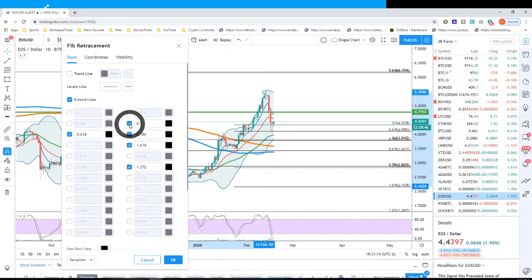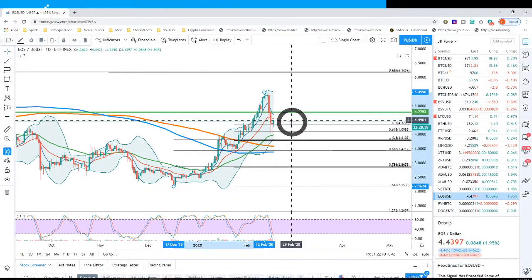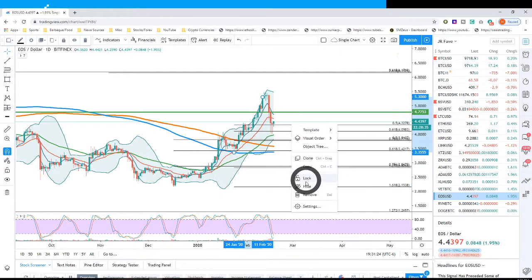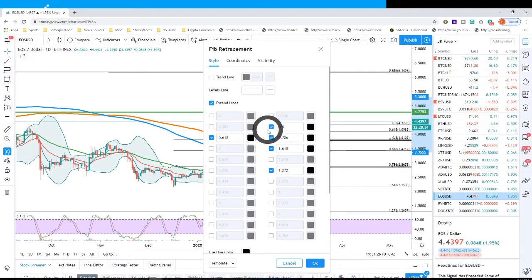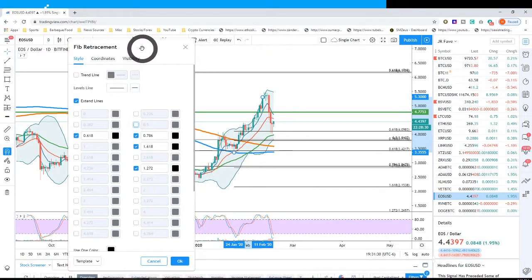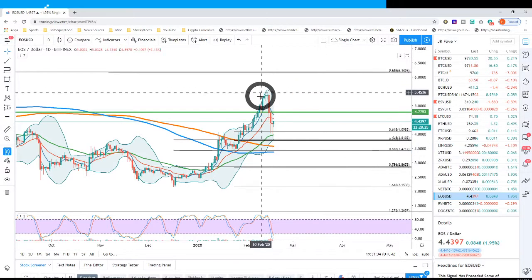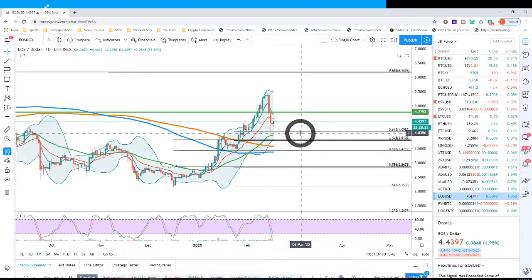Obviously lower. Oops, wait a second. My bad. Clicked on the wrong one. There we go. Take out the 50 and we'll leave the 61.8 on there. Okay. Wait a second. Did I not draw that right?